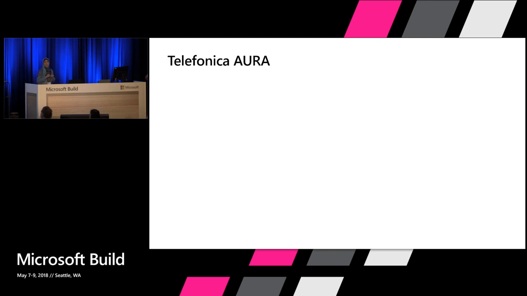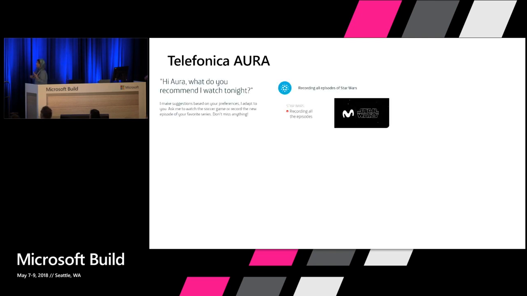They have been building that virtual assistant that can help you answer and interact for some questions like, what are your recommendations for what I watch tonight in terms of movies and so forth? And Aura would be able to answer such a question and make recommendations that are very specific to your bundles and to your own preferences.